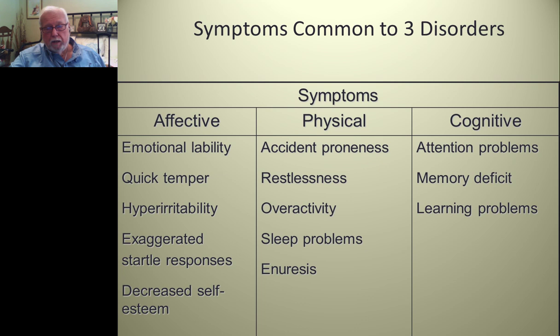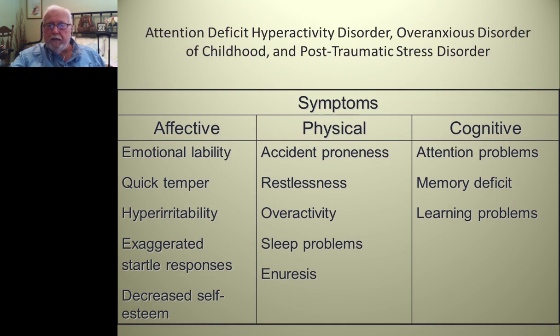Well, it turns out they fit the diagnostic criteria for 3 different disorders perfectly on the basis of symptom presentation. But these 3 disorders have different histories. So I really have to emphasize that history taking is critical if we're going to interpret our test data correctly.